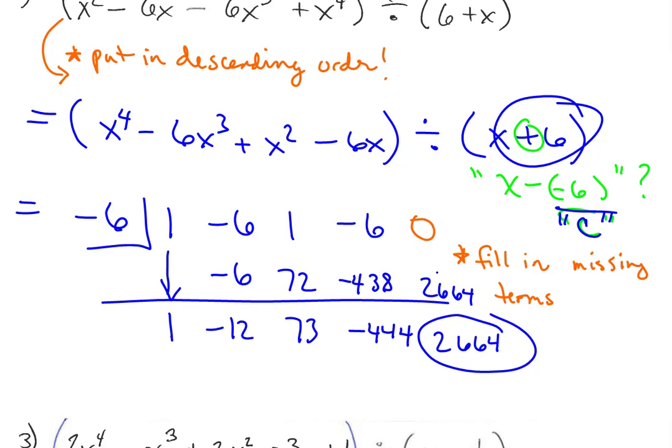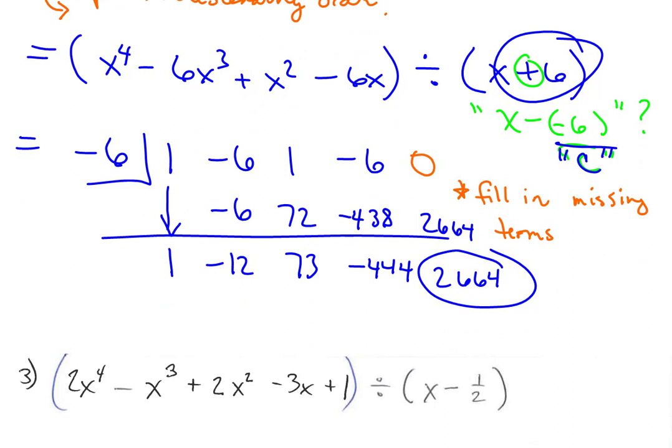And so now we'll go ahead and just rewrite our full answer in polynomial form using the coefficients we've now discovered in this synthetic division process. So that will result in a 1x cubed. We're going 1 degree less than the original dividend, numerator that is.